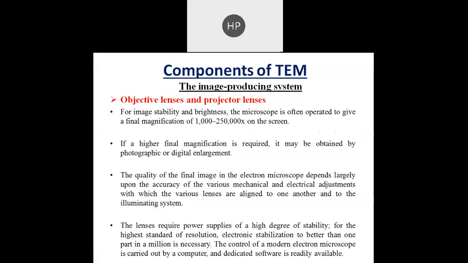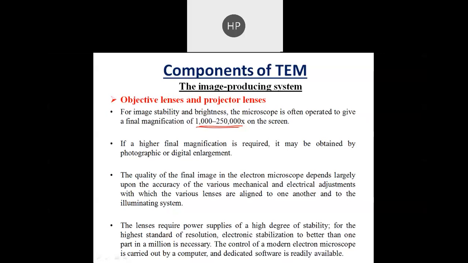For image stability and brightness, the microscope is often operated to give a final magnification of up to, you can see that this is very high, okay, 1000 to 250,000 x on the screen. So that is a very big magnification that we can see on the screen.